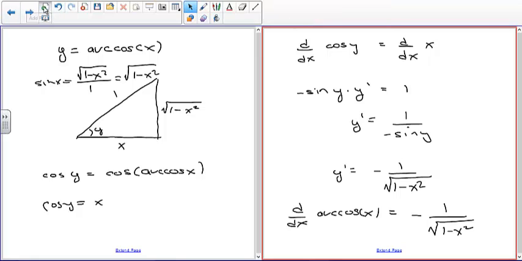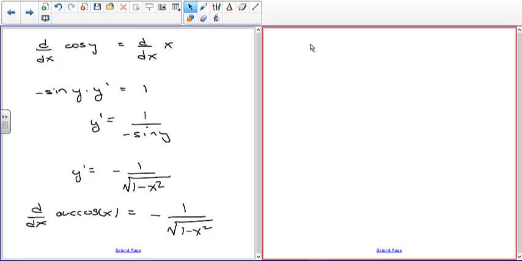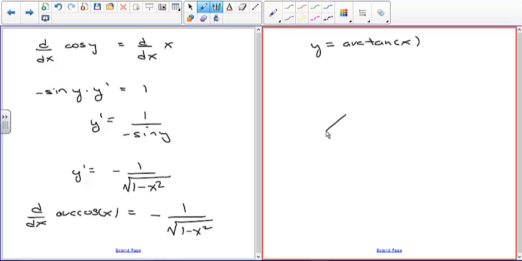So we're going to do two more. So let's say y equals the arctangent of x. So we make up our right triangle. Because I'm dealing with the arctangent, I want the definition of the tangent to be appropriate for this triangle. So I want the argument of the arctangent to be x.